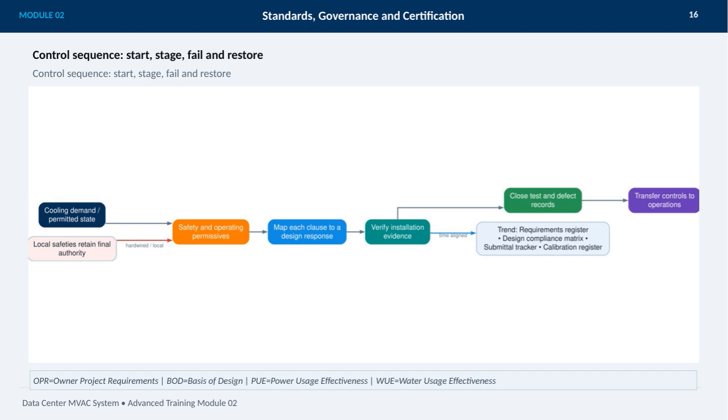Then, it's important to assign evidence owners to maintain accountability and traceability throughout the project. Throughout this training, keep in mind crucial concepts like owner project requirements, basis of design, power usage effectiveness, and water usage effectiveness, as they form the backbone of effective MVAC system governance.